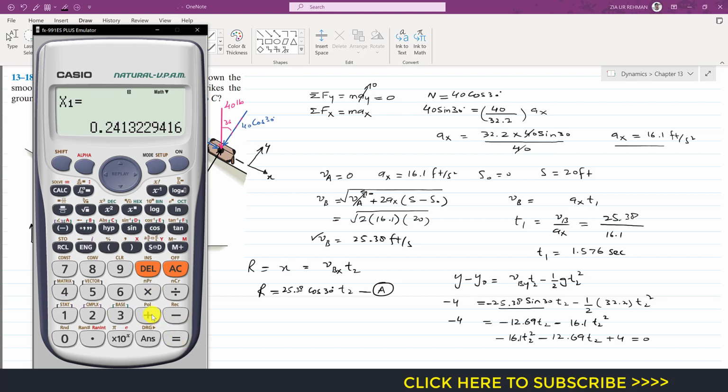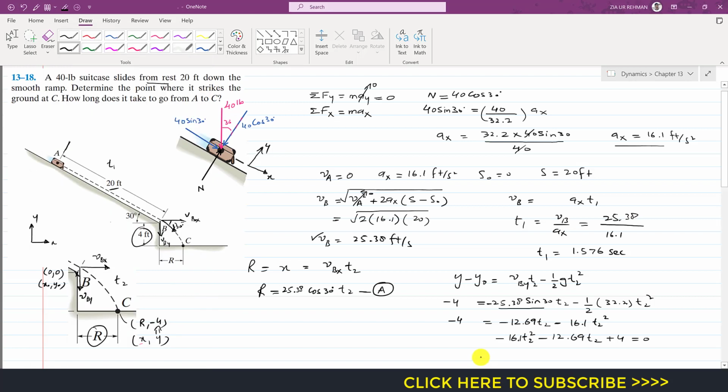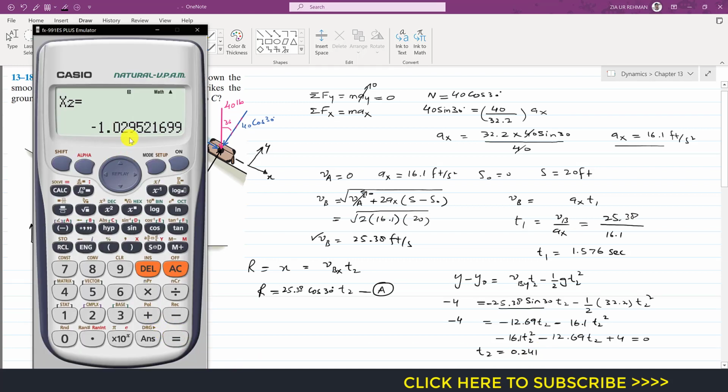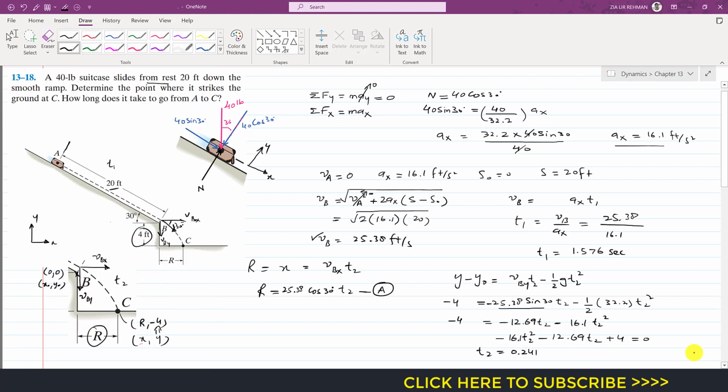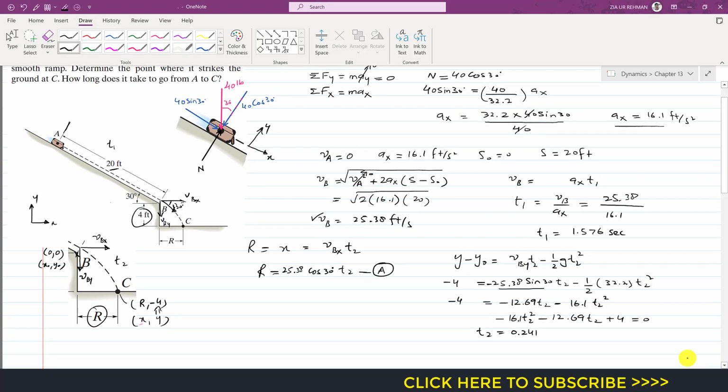This gives us T2 equals 0.241, and the other root is negative, and time cannot be negative. So the total time the suitcase will take from A to C is the summation of T1 plus T2. T1 is 1.576 and T2 is 0.241.